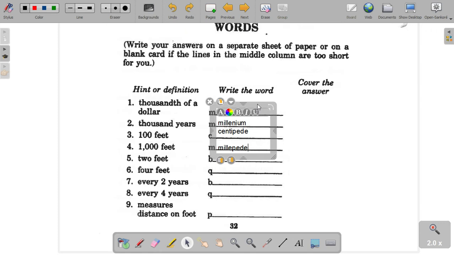Good. 2 feet? Biped. Right. 4 feet? Quadruped. Every 2 years? Biannual. Every 4 years? Quadrennial. Good.